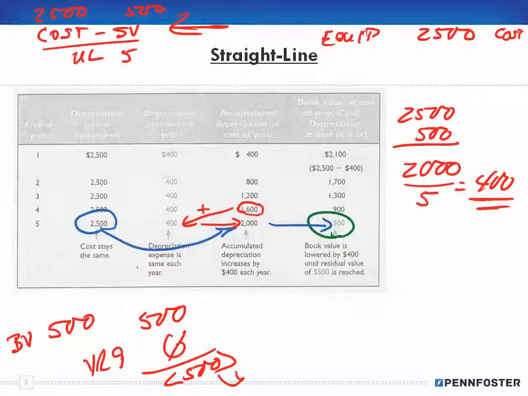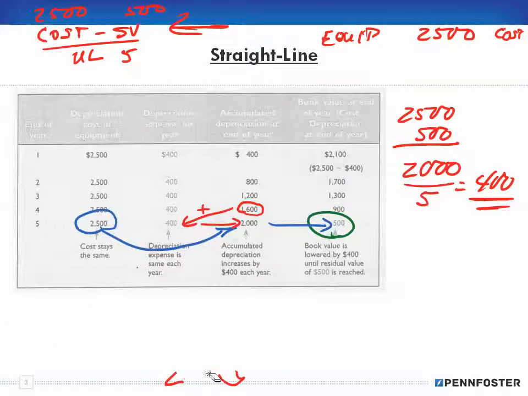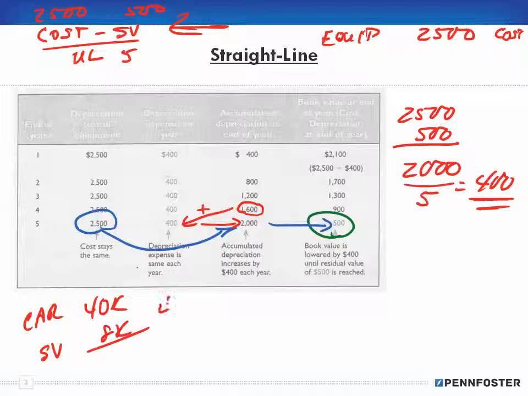But let's look at a quick example with an automobile, and we'll use my $40,000 idea. So I have the car, I paid $40,000 for it, and I figure that my salvage value is going to be $8,000, and I'm looking at that over 4 years. So if my salvage value is $8,000, at the end of 4 years on my books, I'm saying it's worth $8,000.